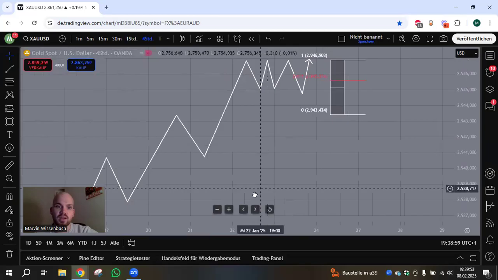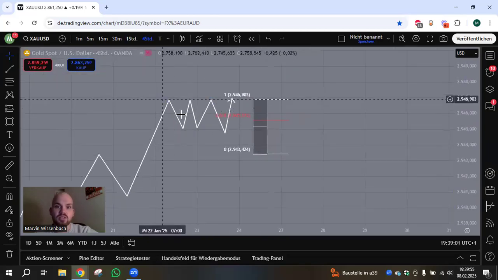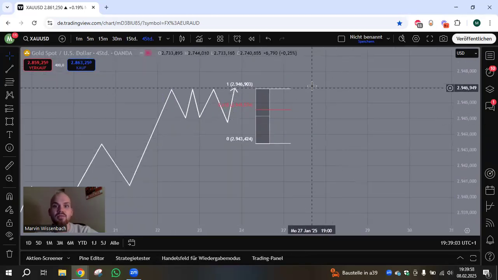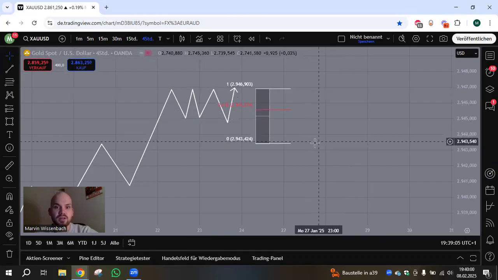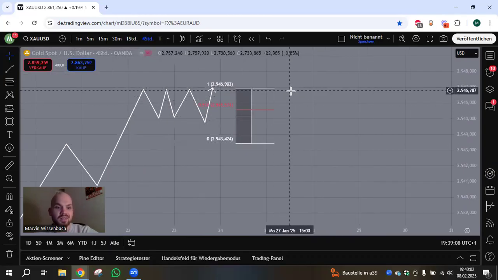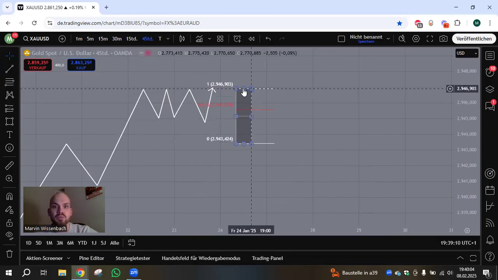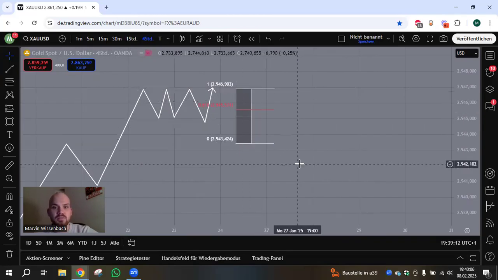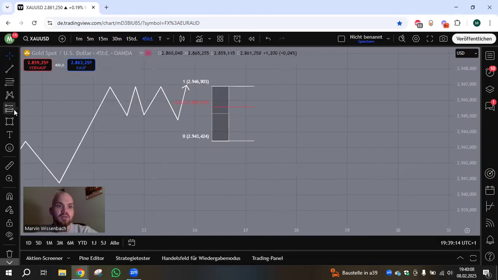So once more, we have a trend, a consolidation, and we have a break out of this consolidation with an engulfing candle. We place our Fibonacci, and what we do now is place a limit order.